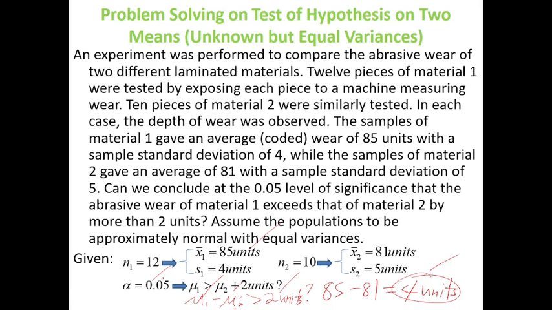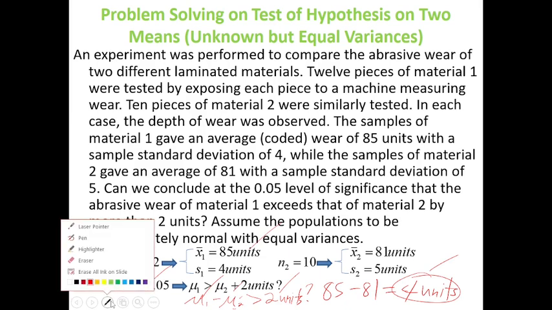Can we conclude that mu sub 1 minus mu sub 2 is greater than 2 units, since we have x sub 1 bar minus x sub 2 bar equal to 4 units, considering the two samples, sample 1 and sample 2? So we will test. We can conclude later if the claim will be rejected or not.